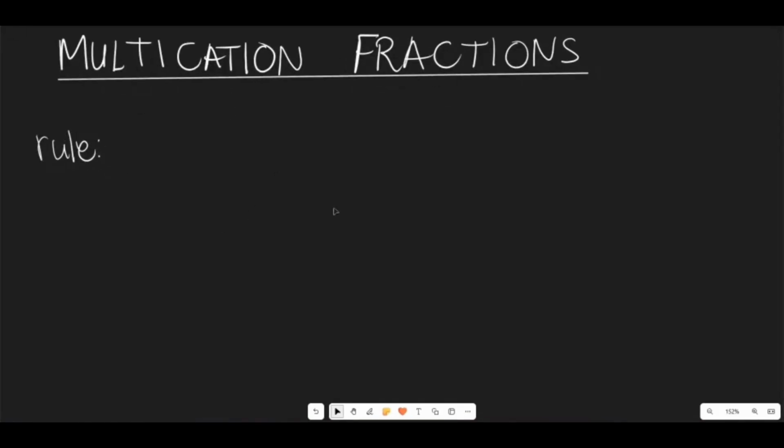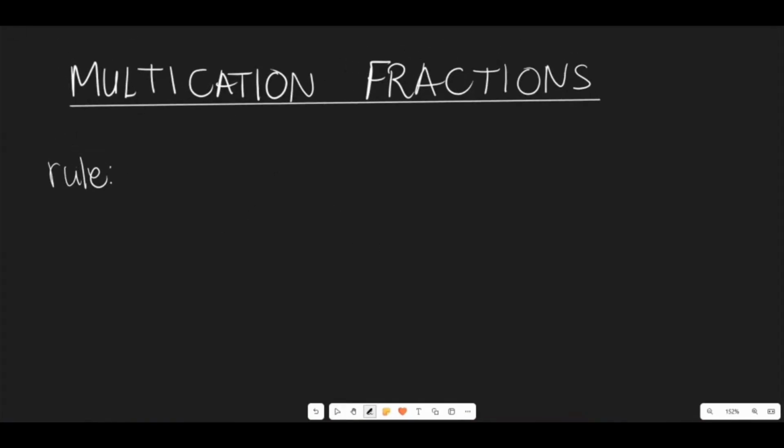The rule for multiplying fractions is quite simple, guys. Very, very simple. Make sure you do not forget it. So let's say we have A divided by B, and this is multiplied by C over D. So we have A over B multiplied by C over D. And this is us multiplying two fractions together, or two or more fractions together, right?